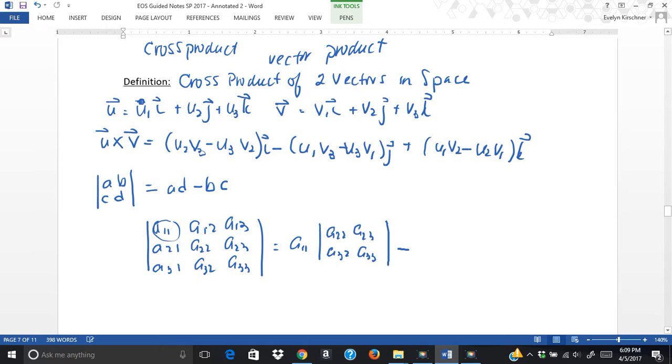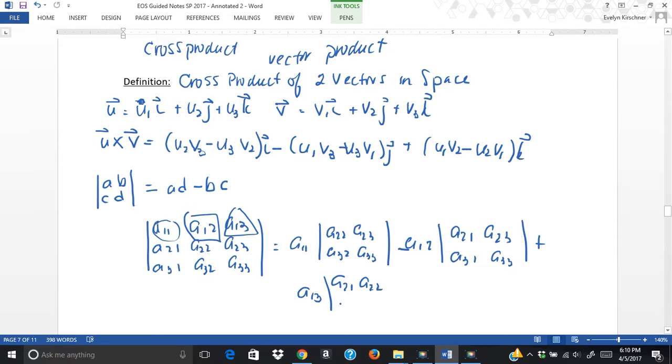And I subtract A12 times the determinant of what's left, A21, A23, A31, A33. Then I add A13 times the determinant of what's left, A21, A22, A31, A32. So that's how I do the determinant.